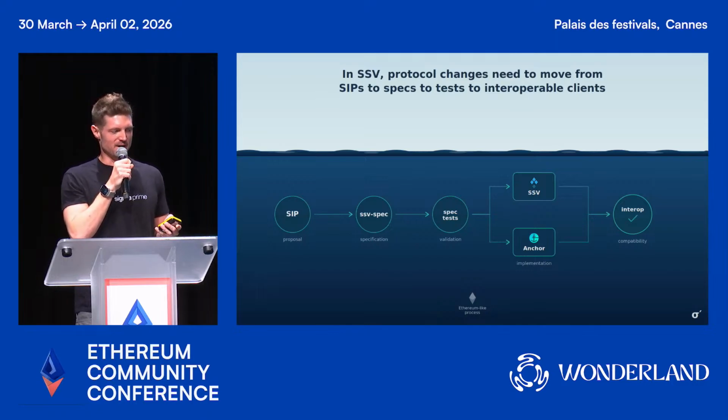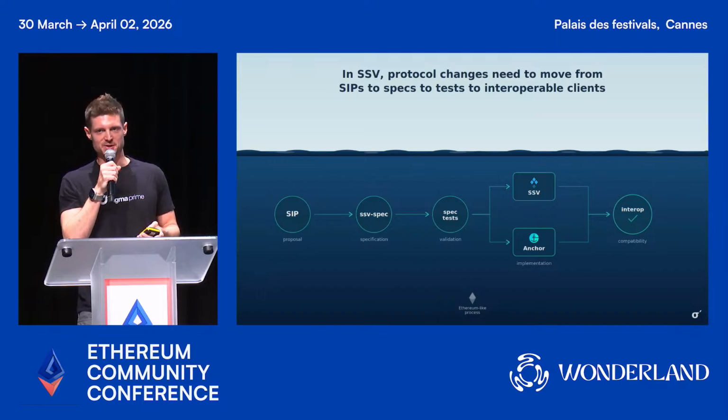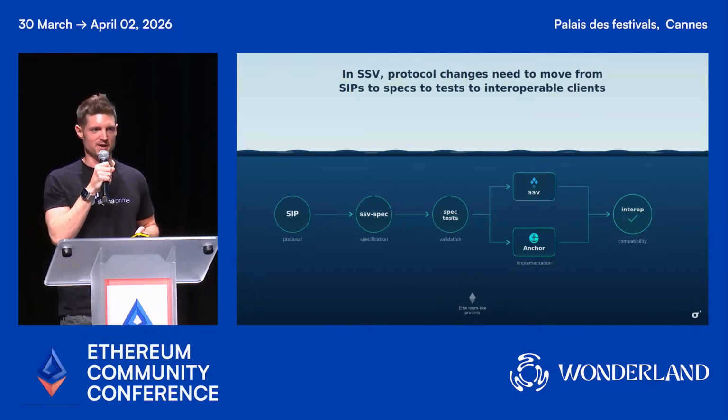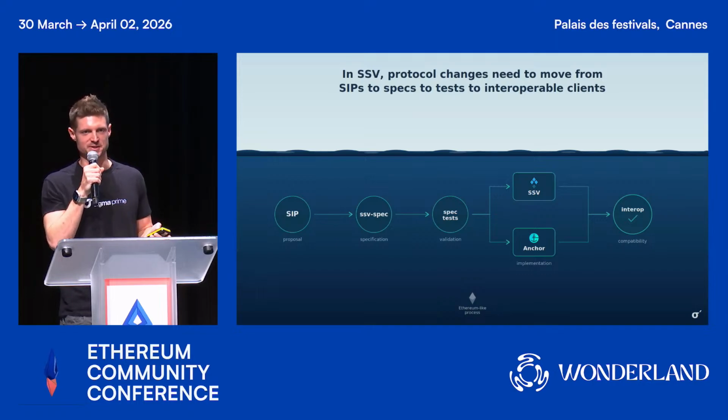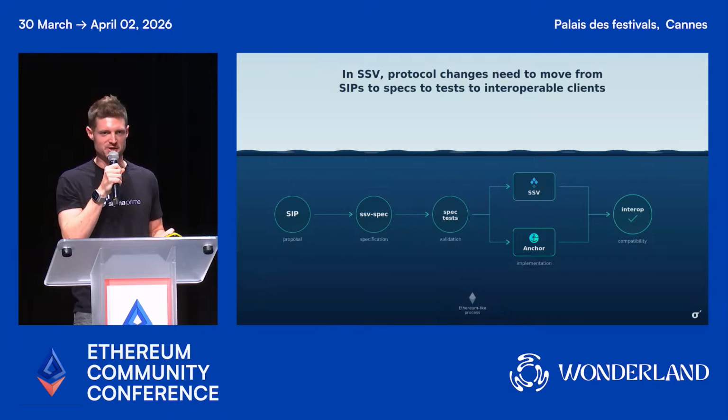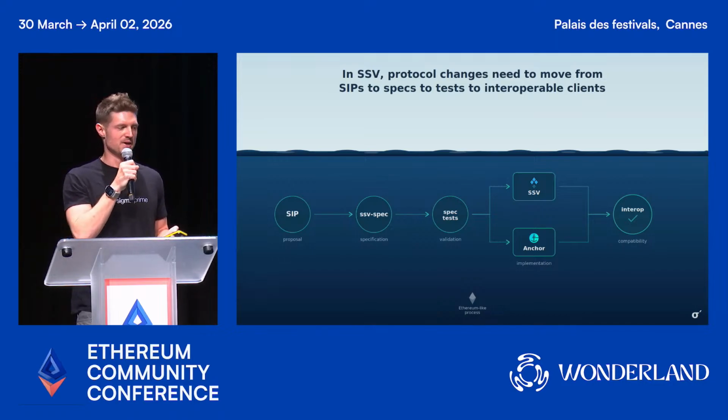And if you are doing an SSV spec, you also want to have spec tests that the different clients can ingest. These spec tests could look like SSV serialization or deserialization of a block proposal. As long as both clients are able to ingest these JSON test fixtures and get the same results, you feel pretty confident that you're going to be able to interoperate properly.